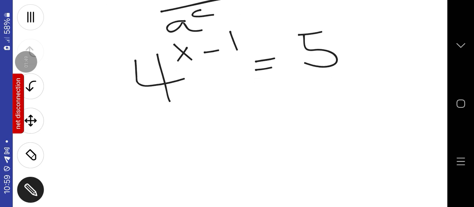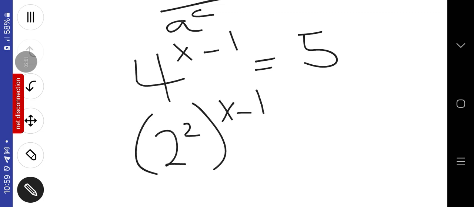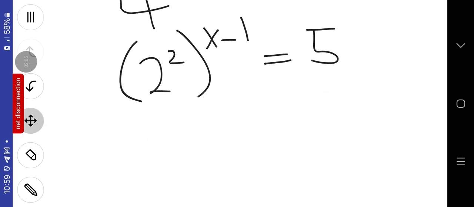Now, 4 can be written as 2 exponent 2, or 2 times 2 will give us 4. So in place of 4, we can write 2 exponent 2. Here we can apply another law of indices. This is called the power of a power rule.